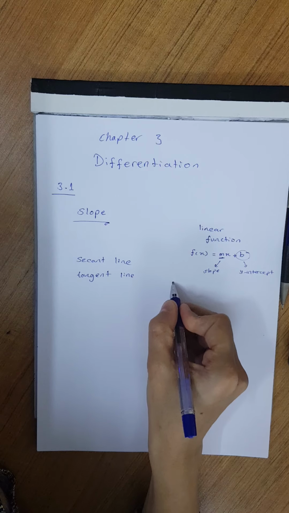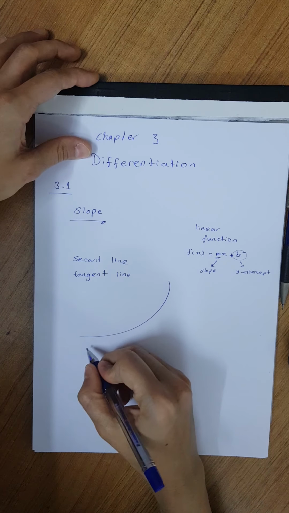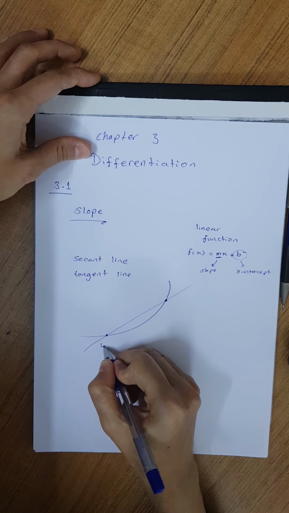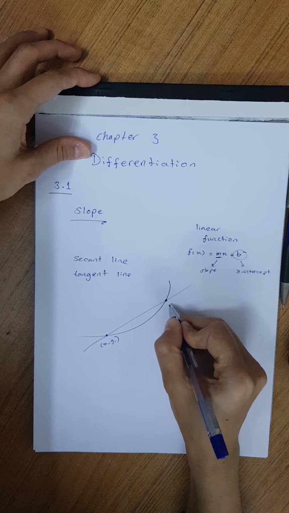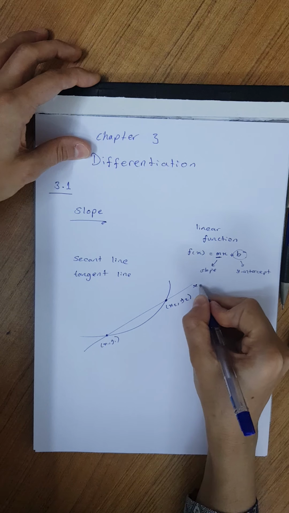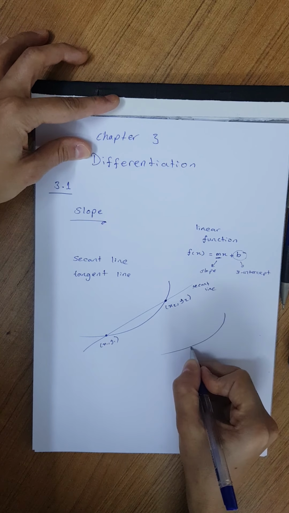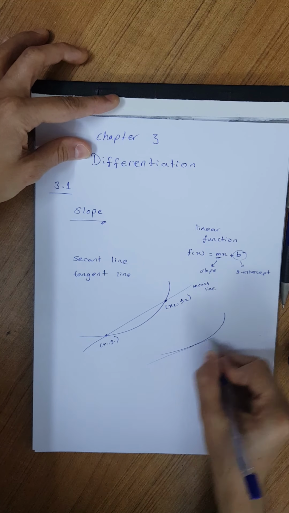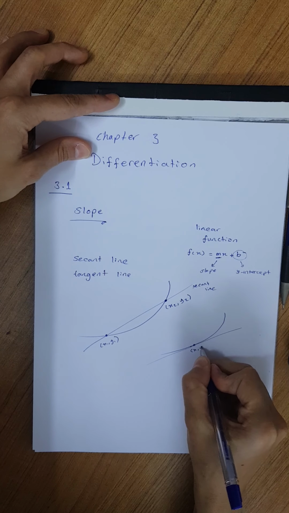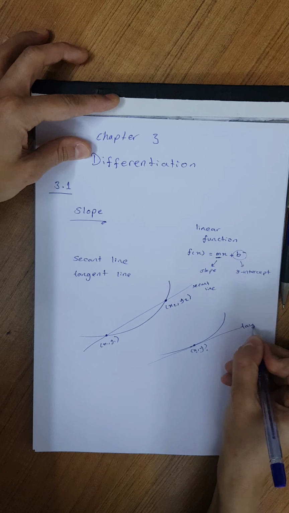We said if you have got a line that's passing through two points of a curve, let that one be x1, y1, and that one x2, y2, that one is called a secant line. And if you have got a curve and you have got a line that is touching the curve at only one point, let's say x naught and y naught, that line is called a tangent line.